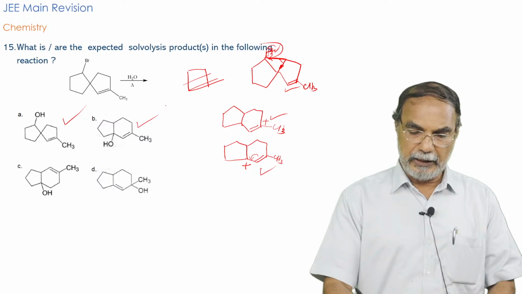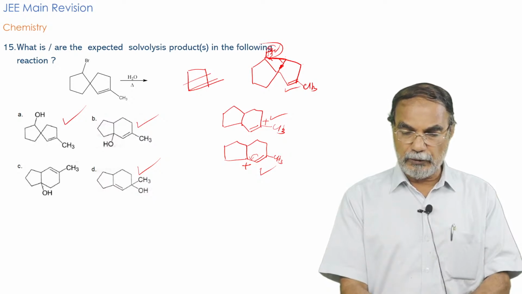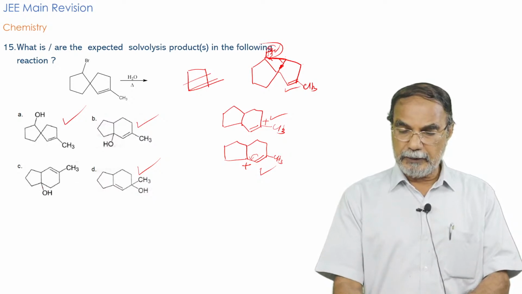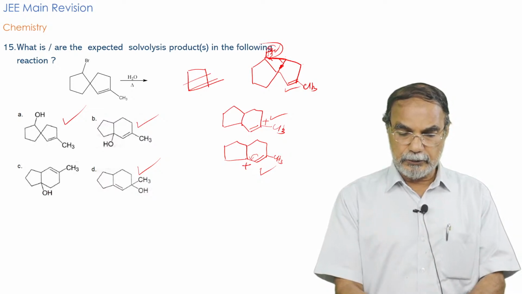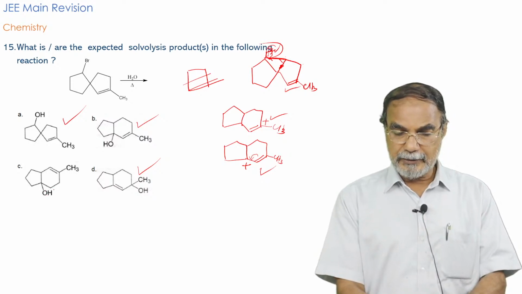So you have A, B and D as the possible products, and this product will not be obtained. If you carefully look at it, neither this nor this can lead to that product. Of course, at the positive charge it can be an OH group, but the double bond CH3 is here only, it is not here.